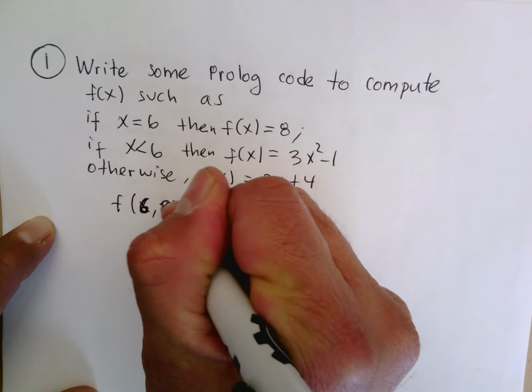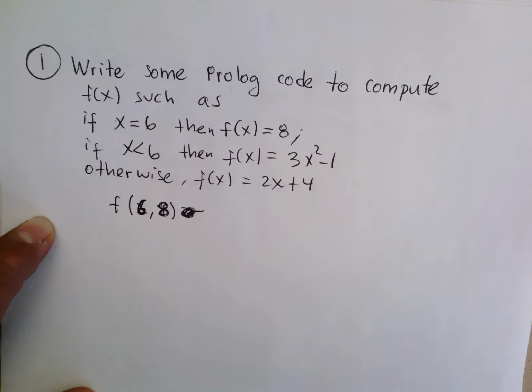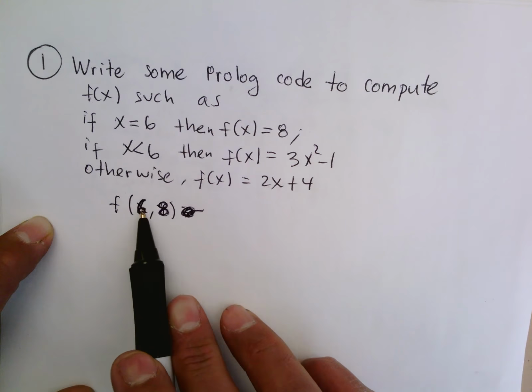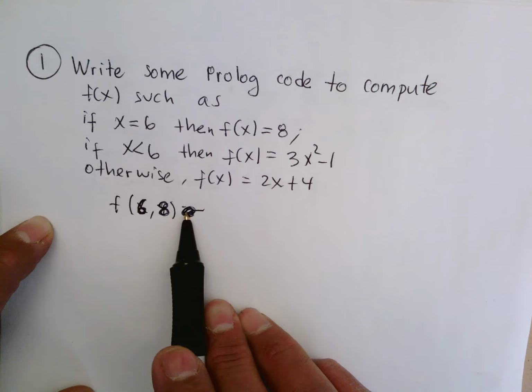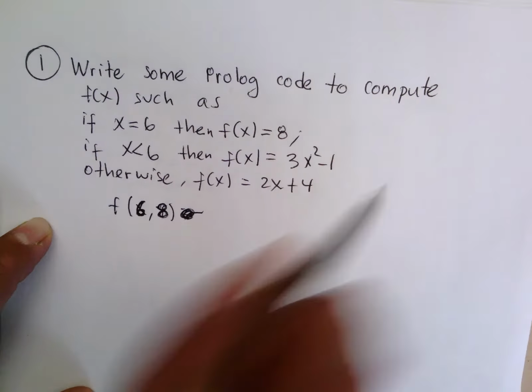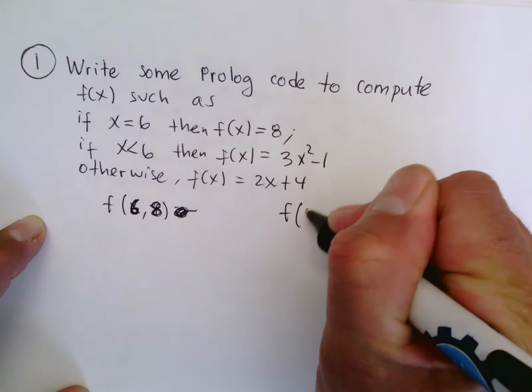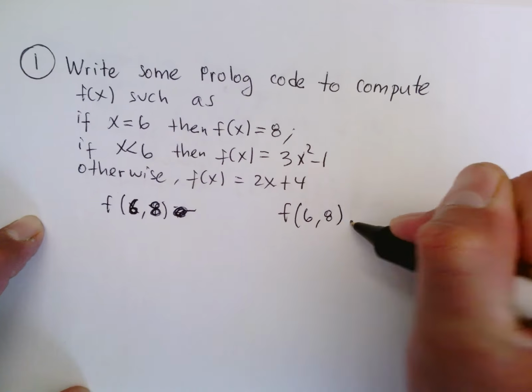Then we can also substitute this and just have this. Okay, so this is f(6, 8), and this is a period. So I don't need to do anything else. Let me put it over here in case that is not clear. So it's f(6, 8), period.